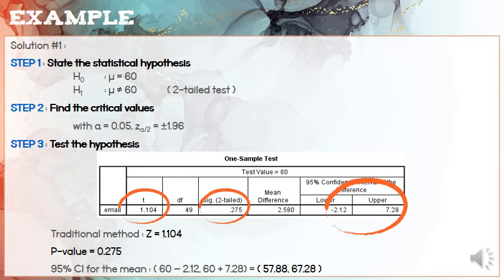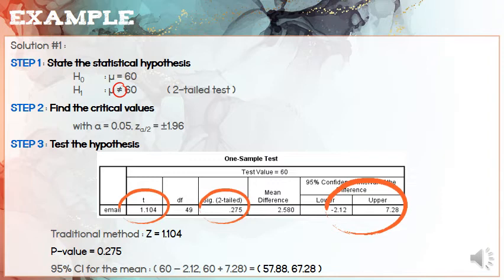Disebabkan tadi dia tanya differ from 60, so kita pakai simbol tak sama dengan 60. Null hypothesis sama dengan 60. It's a two-tailed test. Kenapa two-tailed? So boleh jadi less than 60, boleh jadi greater than 60.